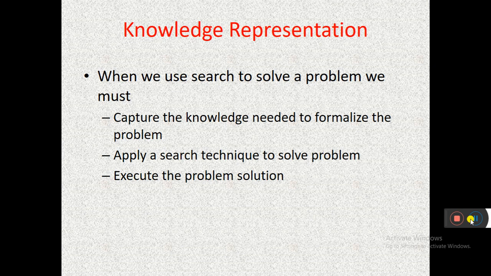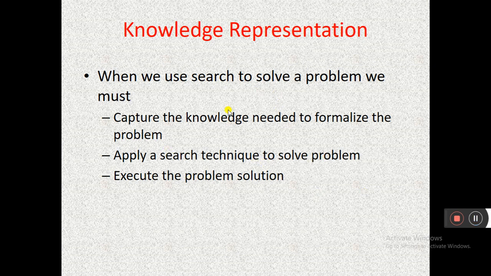When we use search to solve a problem, we must capture the knowledge needed to formalize the problem. Whenever we search for a problem, we must have the knowledge to solve it. If we do not have the knowledge about the problem, we cannot solve it.